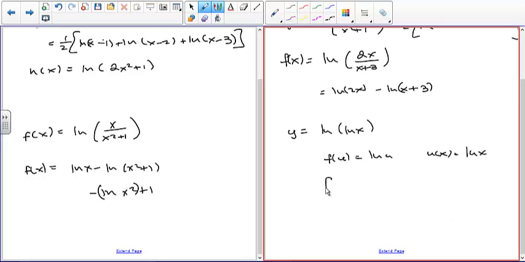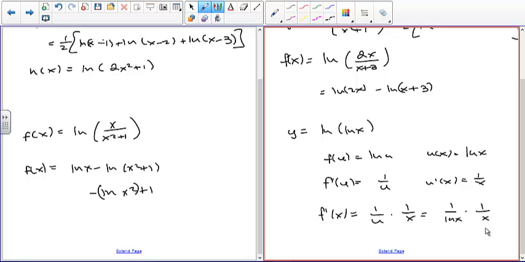So the derivative of the natural log of u is 1 over u, and the derivative of the natural log of x is 1 over x. So f prime of x is 1 over u times 1 over x, which is equal to 1 over the natural log of x times 1 over x. So that would be the derivative of the natural log of the natural log of x.